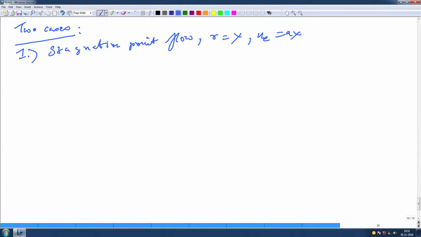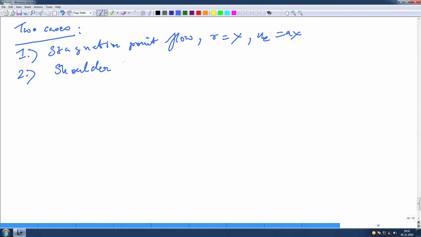You already know the stagnation flow. If not, just do a very quick recap of Panton or F. M. White's fluid mechanics book. You can read the part on the viscous flow, and there will be flows like stagnation point flow, which is very common. So, one is a stagnation point flow, and you can guess which part is the stagnation point flow.